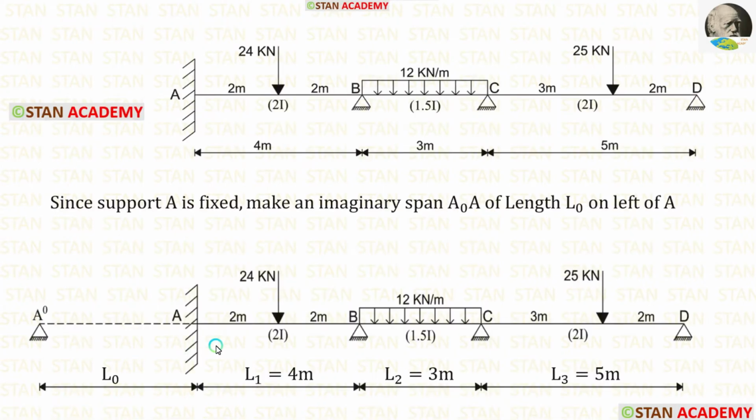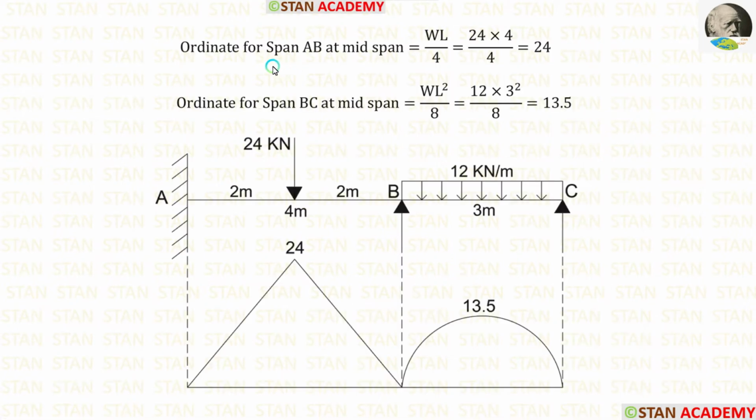Now let us take the spans AB and BC and make the second equation. For the span AB, we have already made the ordinate. In the span BC, UDL is acting for the full span.